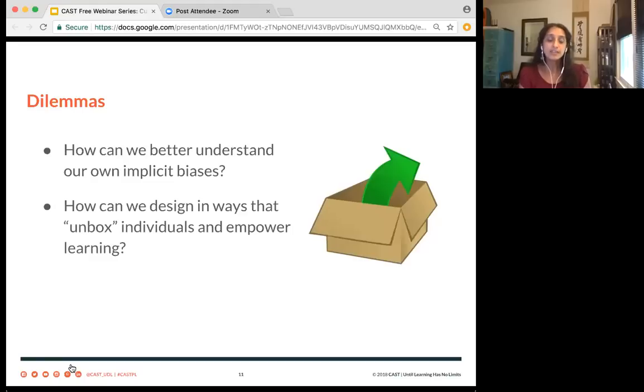And another thing that we really focus on with UDL is that context matters. Depending on what context a child is in, some strategies may work and some may not work. So for example, I now work in Hawaii where there are many, many diverse students in every classroom. And there are some kids who will immigrate and they'll be happy to bring in their personal experiences and their language, and they're gregarious and they're extroverted. They want to talk about things.